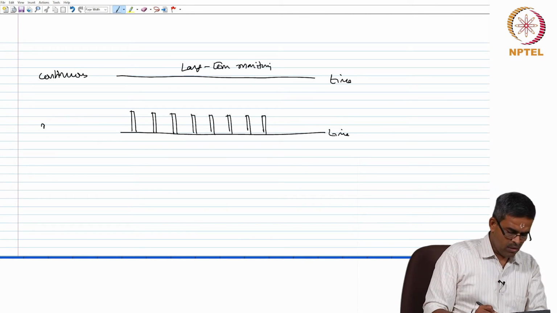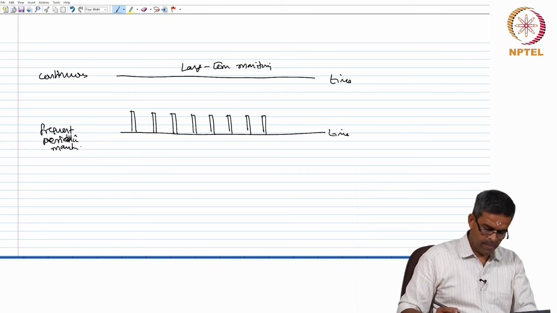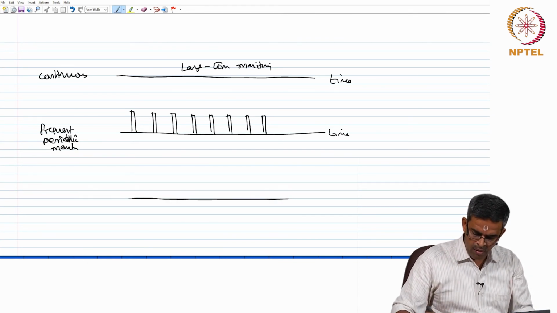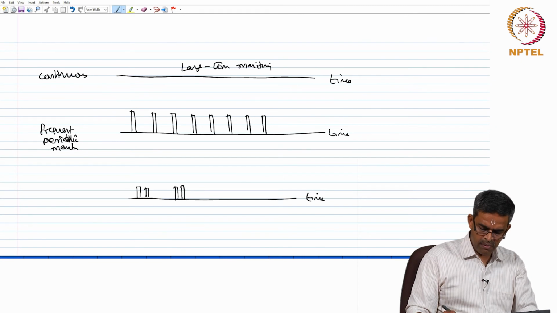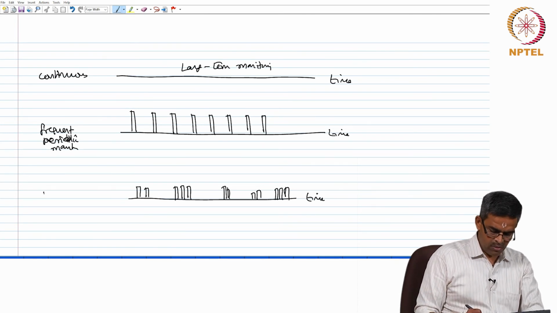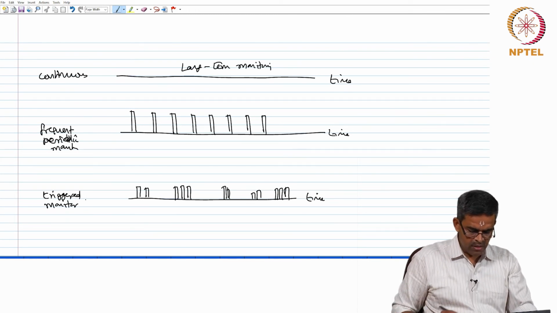This is what I call frequent periodic monitoring. Alternatively, on a time scale, whenever the event is triggered, I keep on measuring the parameter. Here the interval may not be equal, so monitoring is triggered when the parameter exceeds threshold value.